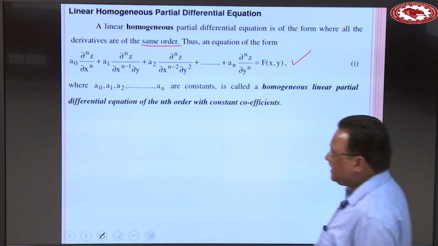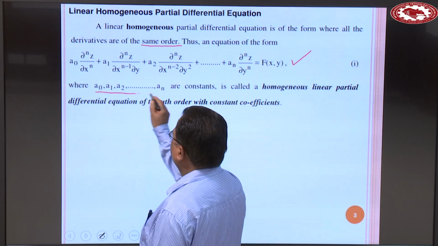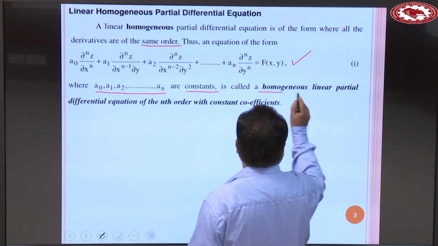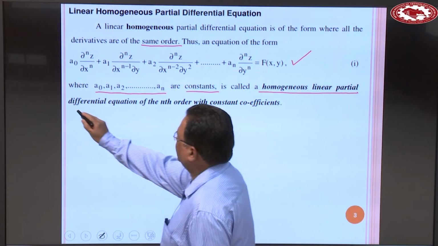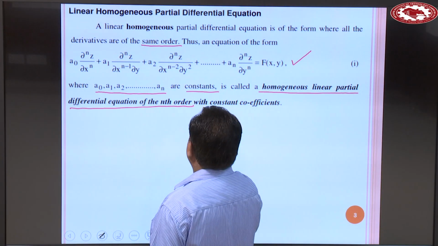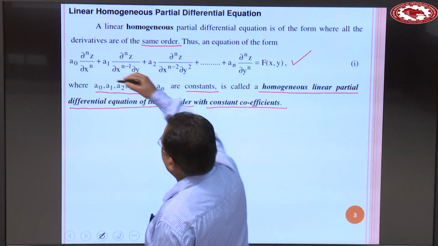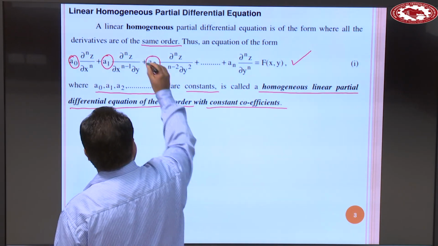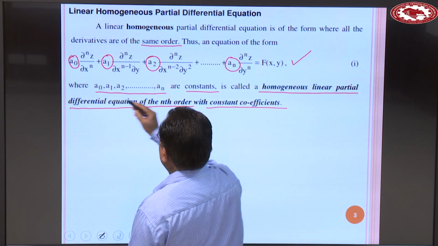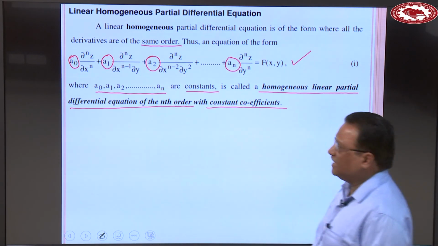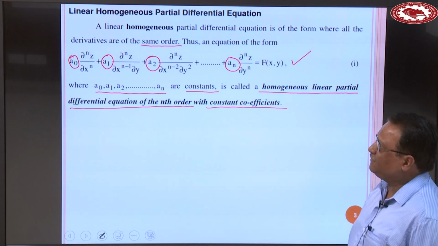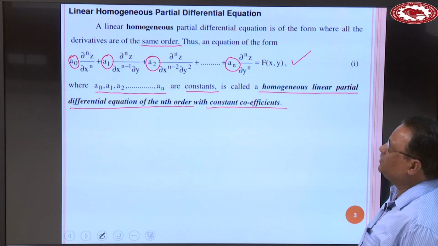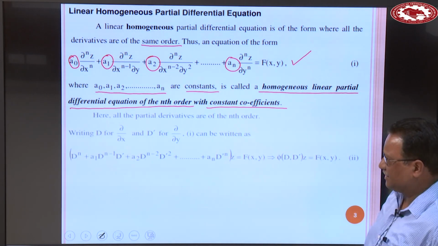All these a naught, a1, an are constants, and it is called a homogeneous linear partial differential equation of nth order with constant coefficients. Constant coefficient means these a naught, a1, a2 and so on an are constants. That is the definition of a linear homogeneous partial differential equation, clear.